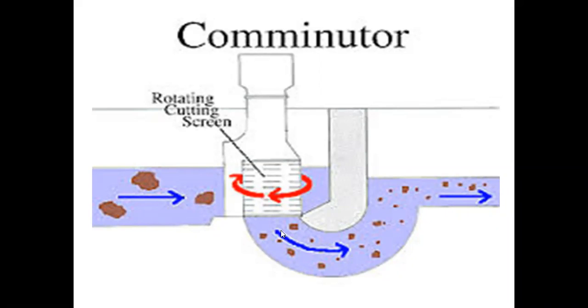The normal value is 50 to 100 mm. Okay, so this is about the comminutor.